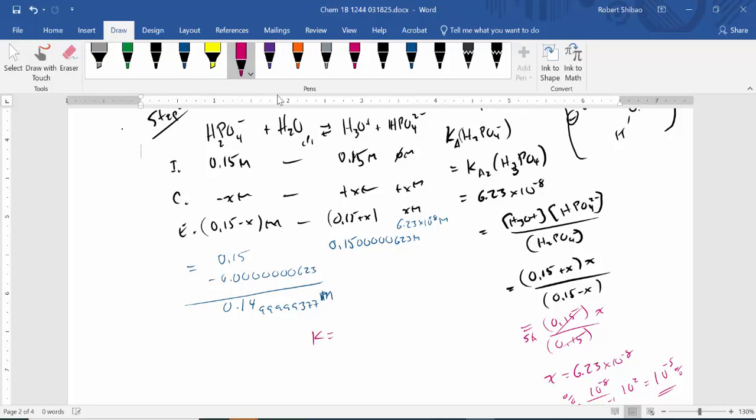I'll just carry all these digits, even though it seems cumbersome. It is. You probably could round it and still be all right, but I'll carry all of them. 1.15, and then 5 zeros. 1, 2, 3, 4, 5, and then a 623 times 6.23 times 10 to the minus 8.